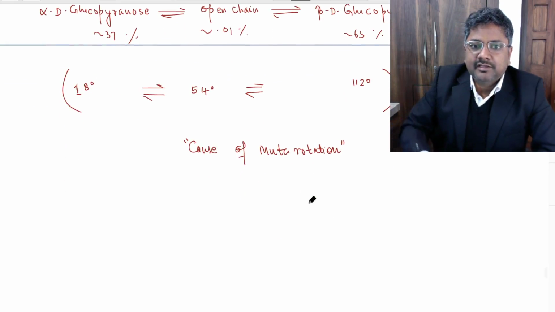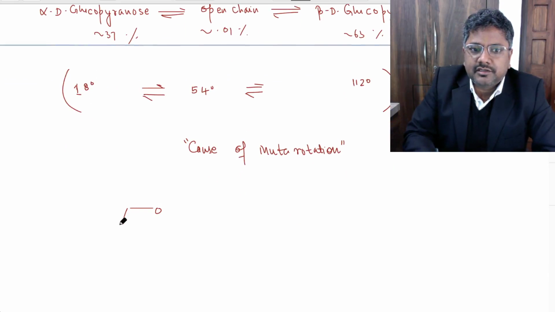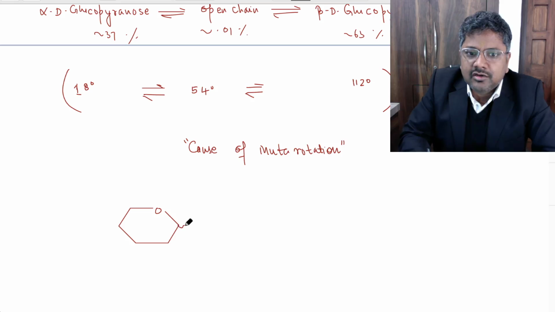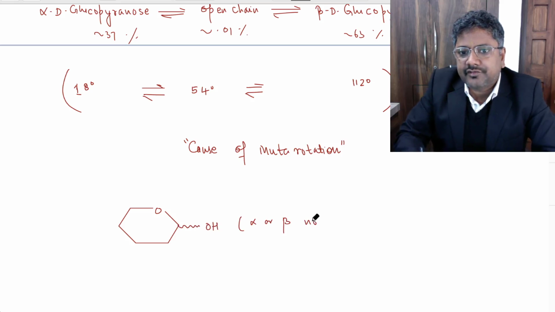Now see, suppose that in the glucose structure you have given this type of arrangement. OH is given like this, means alpha or beta is not specified.